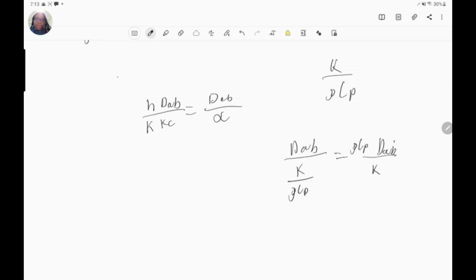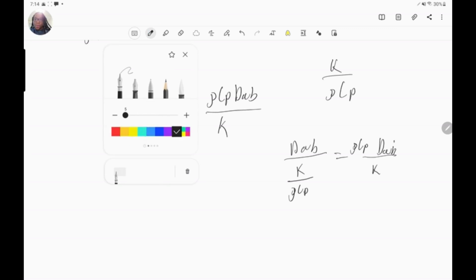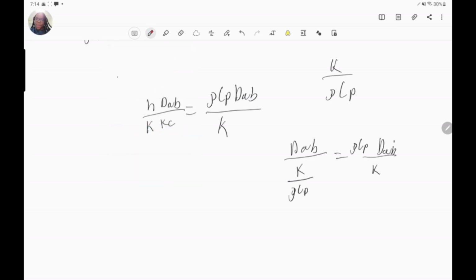So this is actually equal to our density times our specific heat times DAB over our K. And so what are we going to notice here? We notice that we can cancel some things out.